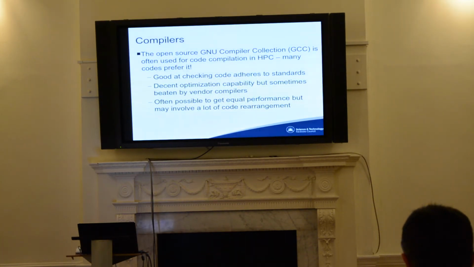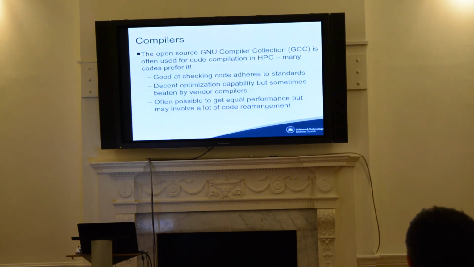And it's also usually very good at getting a decent optimization without changing much from the default level of optimization. I've mentioned on the slide that sometimes this is beaten by vendor compilers, and this is true often because they tend to be very good at producing compilers that optimize for the particular hardware platform that you're using.